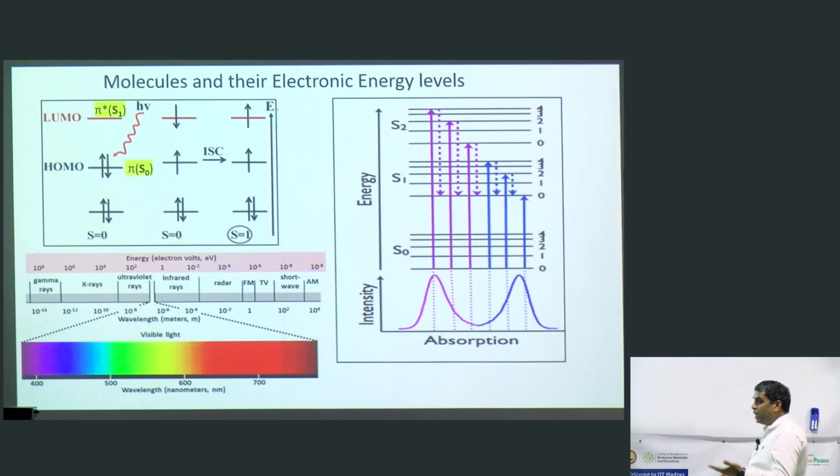Now, as we excite the molecules, as Professor Patra was also talking about in the morning, whenever we have the molecule in the excited state, it has different types of relaxation processes, and these relaxation processes can give you different types of signatures, and one of them is luminescence, right?